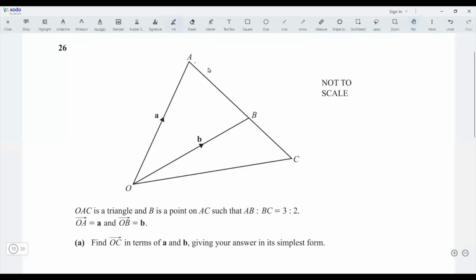Means in terms of ratio, this is 3 and this is 2. So what we need to do is represent OC in terms of a and b. How can we solve this? If we can calculate the complete vector AC, or at least AB or BC, then we can easily calculate the OC vector.